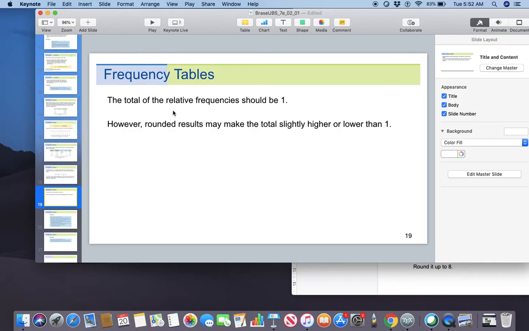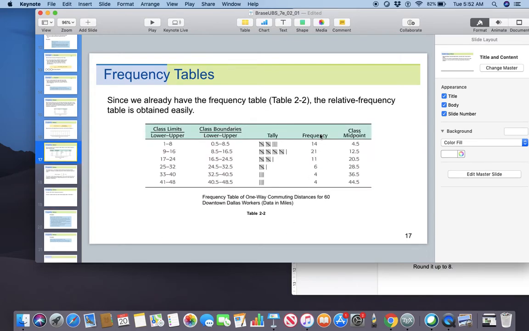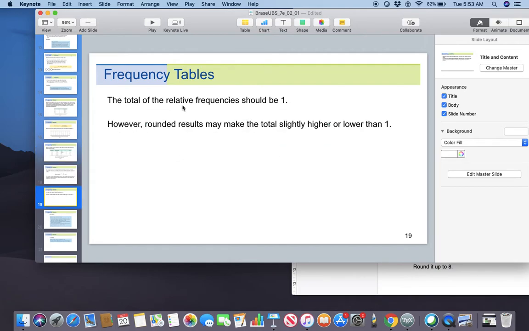The total of the relative frequencies should be 1, whereas the total of the frequencies should be 60, 60 being the total number of data you already have. Frequencies should add up to 60, but relative frequencies should add up to 1.